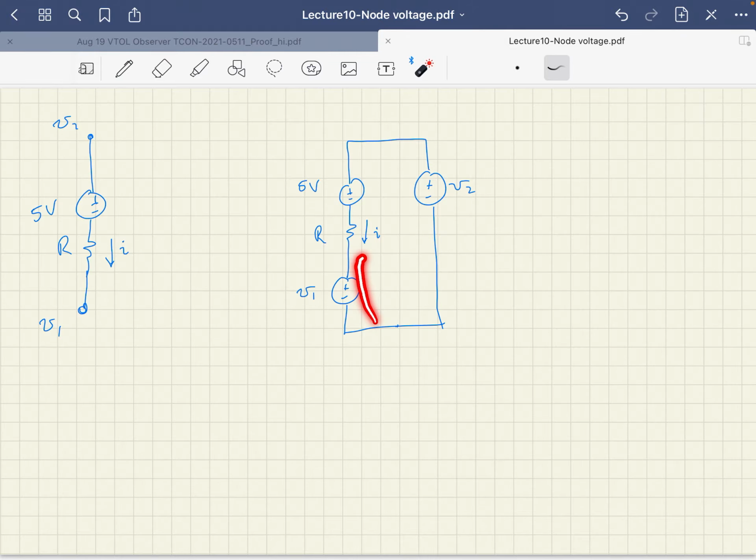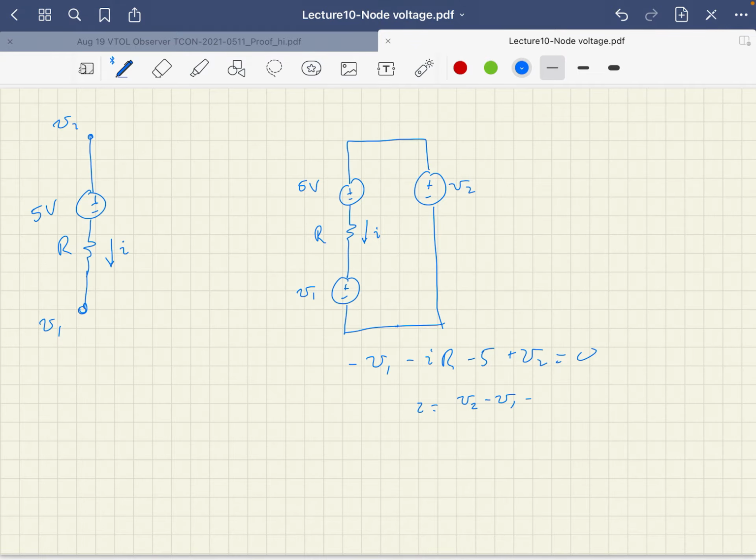And now because it's non-passive sign convention, we'll have minus IR, minus 5, plus V2. So we would write minus V1, minus IR, minus 5, plus V2 is equal to 0. And we solve for I. It's going to be equal to (V2 minus V1 minus 5) over R.